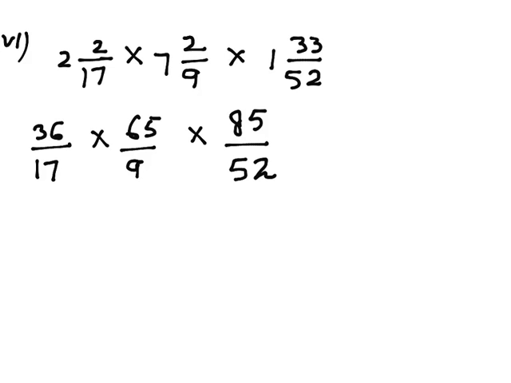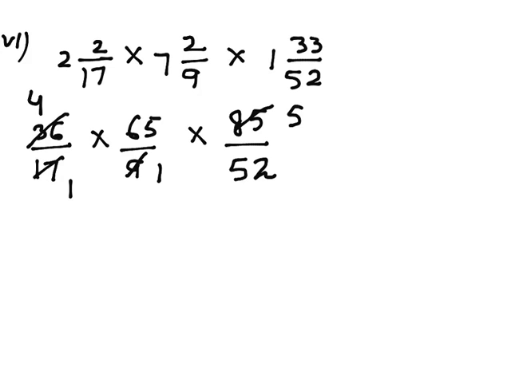So now we will check which numbers we can simplify. Here 17 times 5 is 85, so we can divide these two numbers by 17. 85 divided by 17 will give us 5 and it will give us 1. And clearly here 9 and 36 have a common factor. So 9 divided by 9 is 1 and it will give us 4.